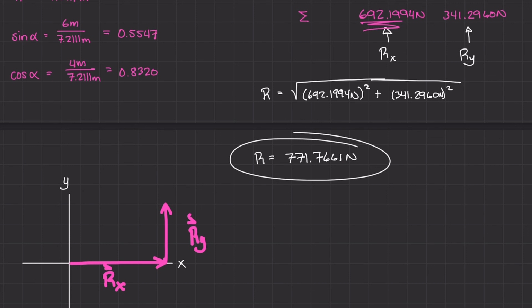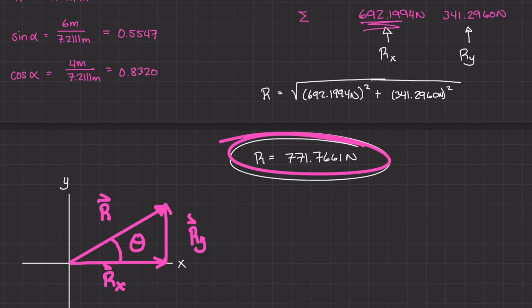If Rx is going some distance to the right and Ry is going some distance upwards, then the resultant is going to be something like this, and it's going to make some angle with the x-axis. So I'm going to draw that R vector right here and just call it R. We already know the magnitude of R. It's 771. The last thing we need to do is find the direction, which is this angle right here.